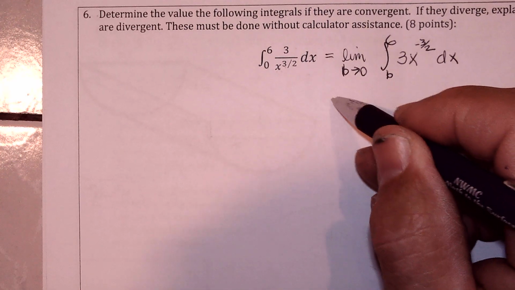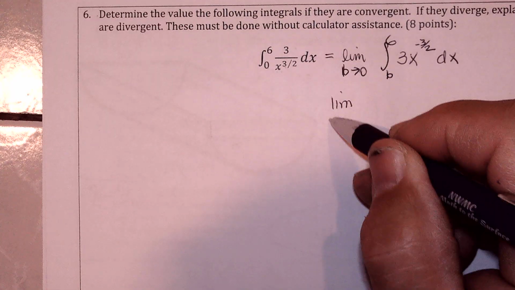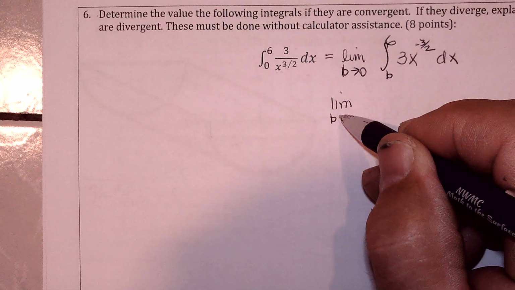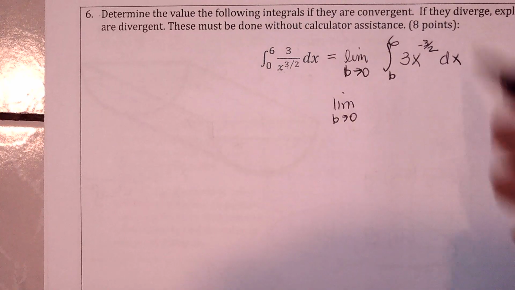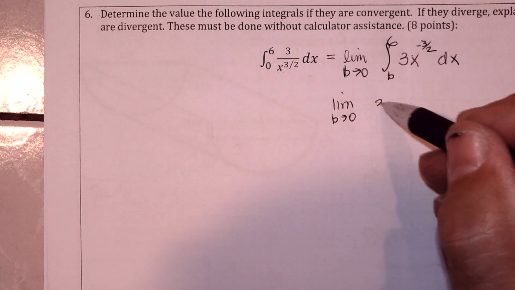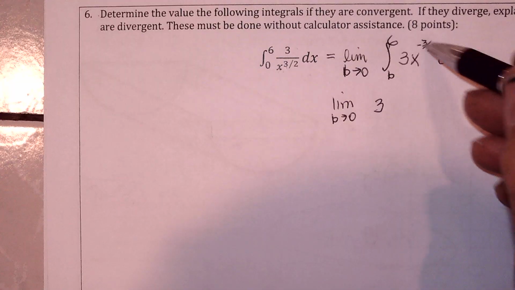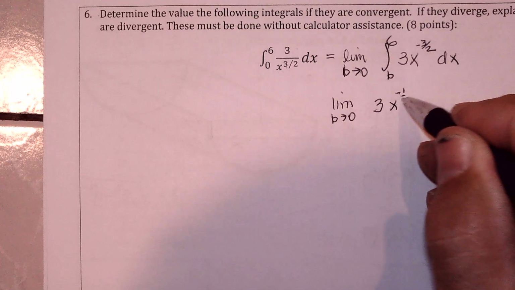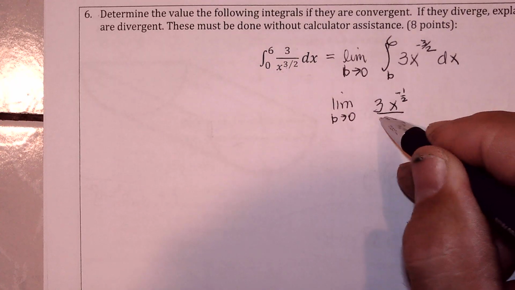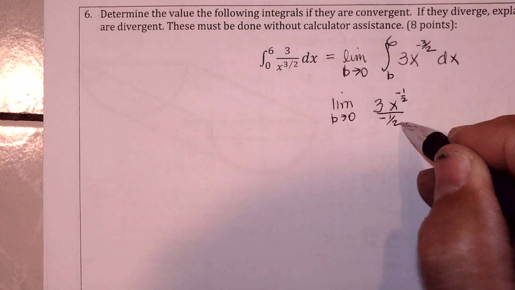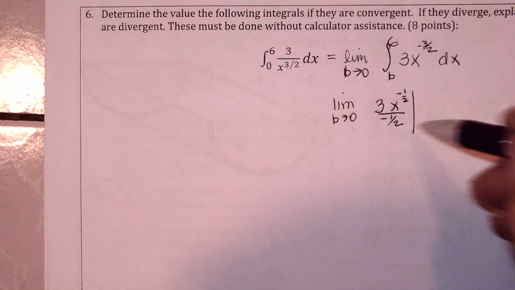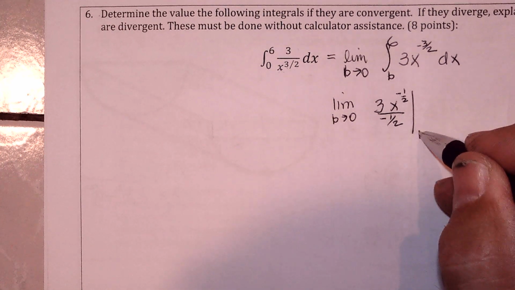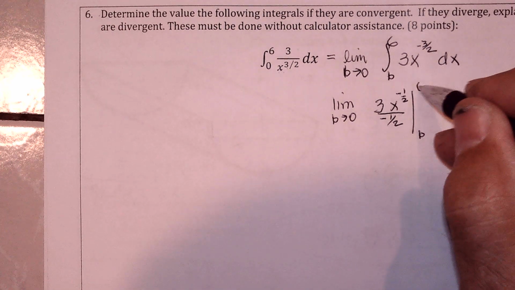So, limit as b goes to 0. 3 times the antiderivative of this: we add 1 to this, and we get x to the minus 1 half divided by minus 1 half, evaluated from b to 6.